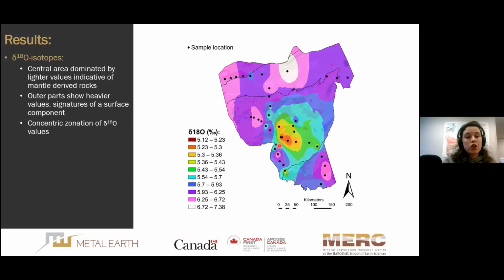So that's signatures of having a surface component. And another thing that I want to draw your attention to is what we see here seems to be a concentric zonation of these delta 18 oxygen values. So that's interesting.